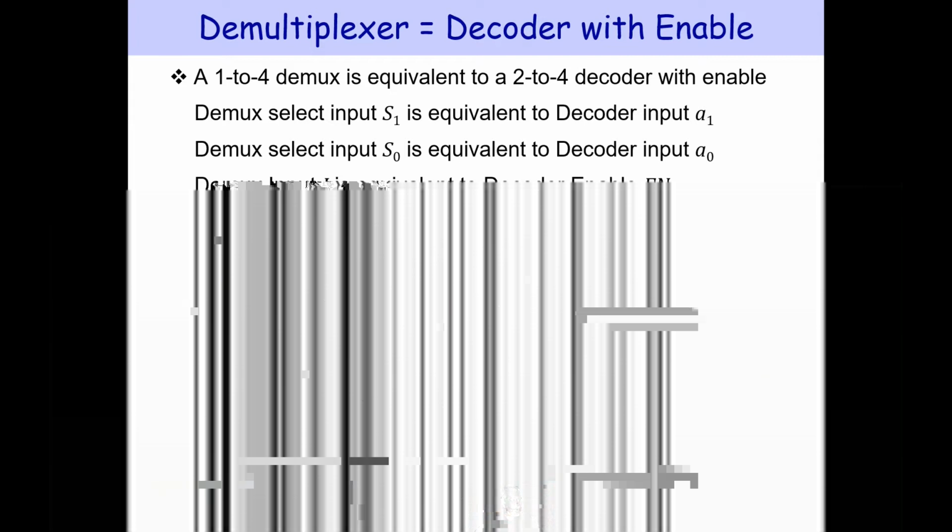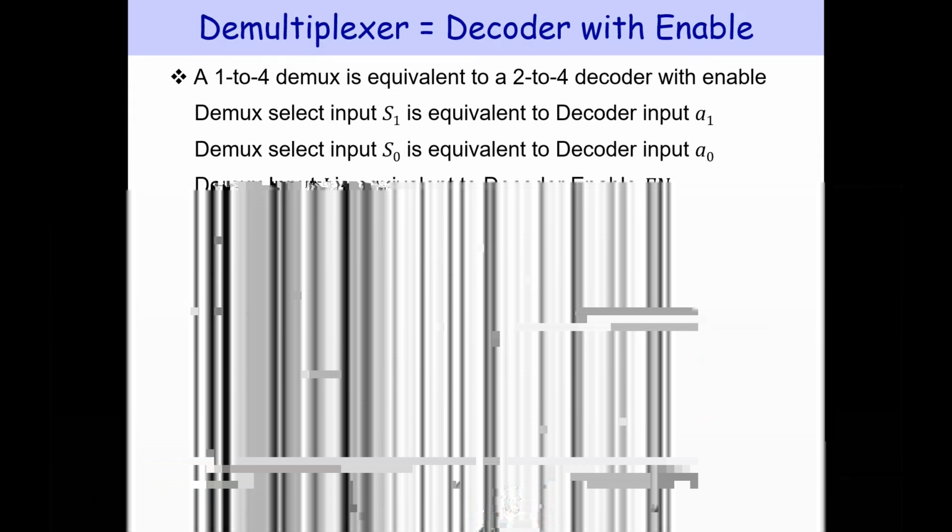So for this reason, we don't really need demultiplexers. The demultiplexer is equivalent to a decoder with enable, and therefore you can just use the decoder with enable as a demultiplexer. We just have to change the inputs in a certain way, and basically they are equivalent.